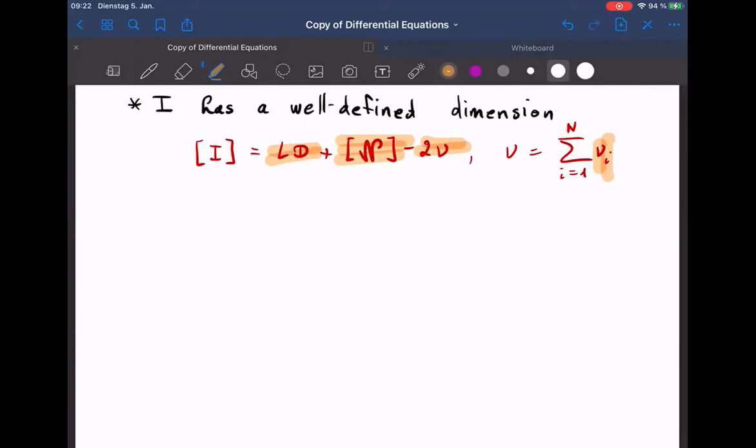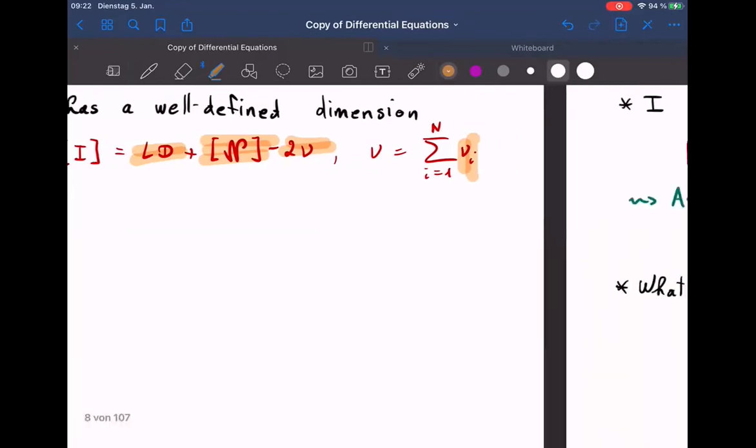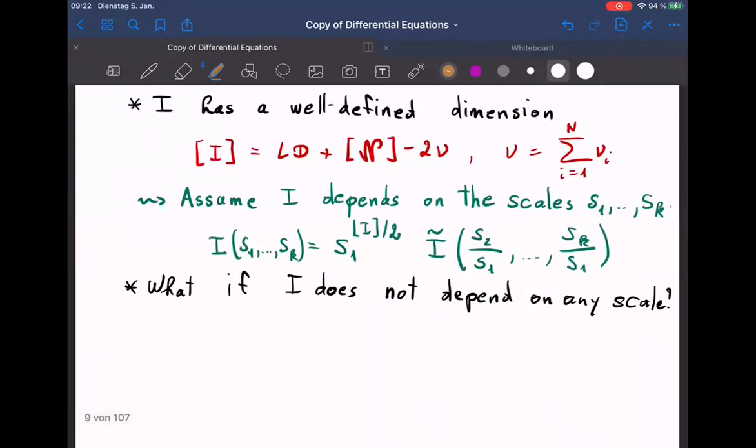Okay, so that is something very obvious, but it implies something that is already non-trivial. Well, not difficult, but non-trivial. Because assume that my integral depends on some energy scales S1 to Sk. Right? So S1 could be, I don't know, P1 square, S2 could be P1 or P2, and so on.